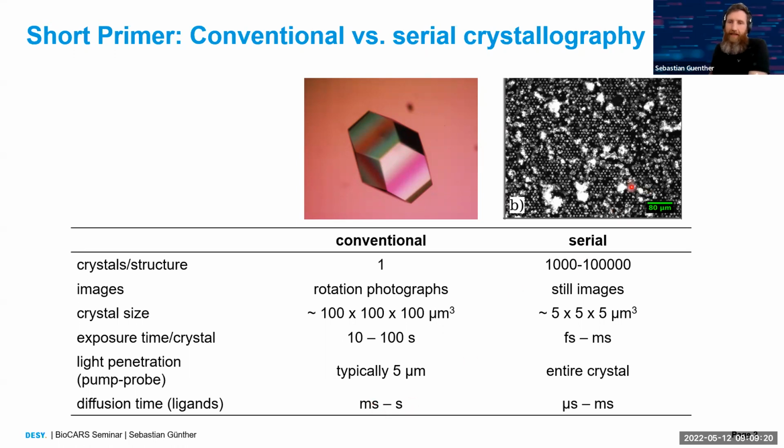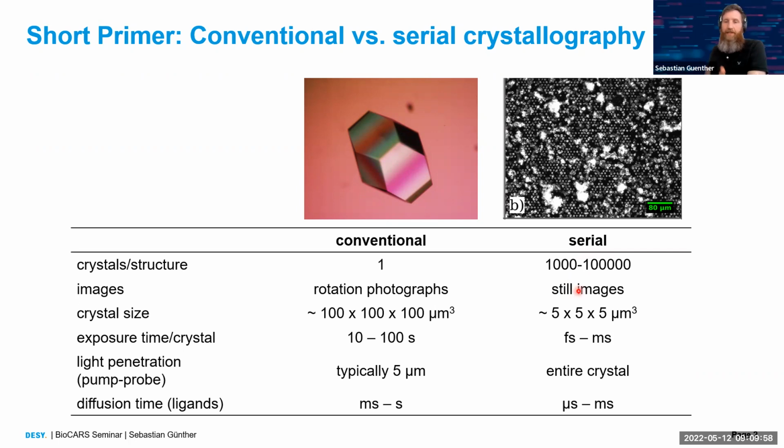On the opposing side, you have serial crystallography, which was actually developed out of the need to do crystallography at X-ray free electron lasers, where you have very bright, intense X-ray pulses, which basically obliterate your sample as soon as you look at it, but you can record the diffraction pattern before, so you can get some information of the state of the protein or the crystal before it was destroyed. So for this, you typically collect thousands to 100,000 of still images.